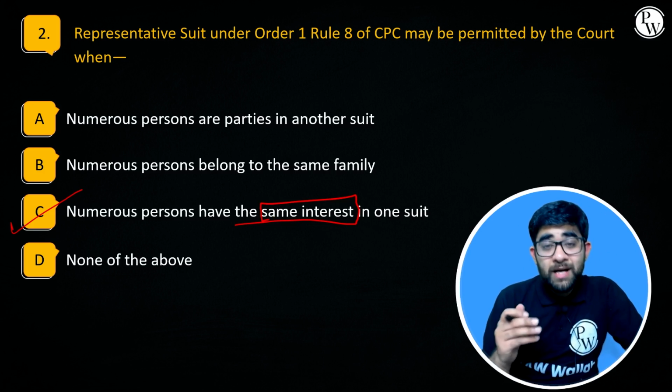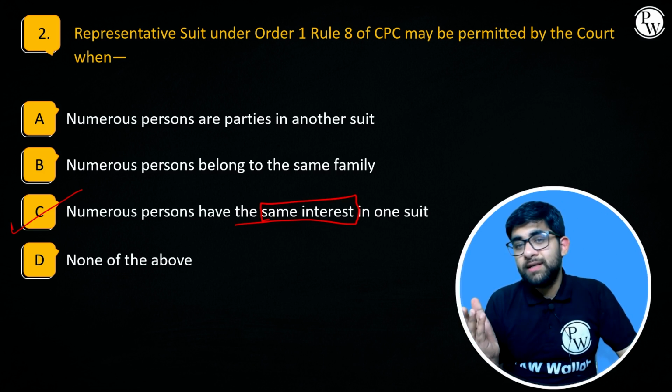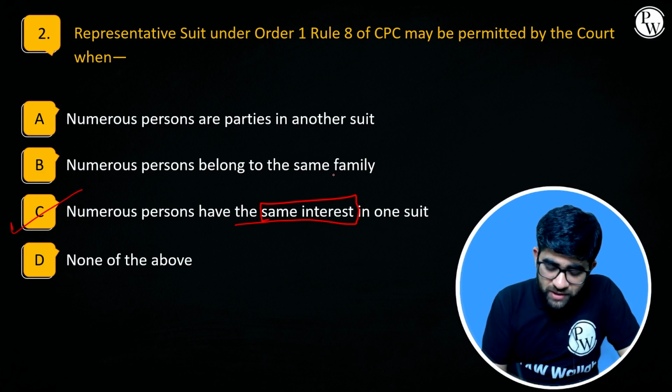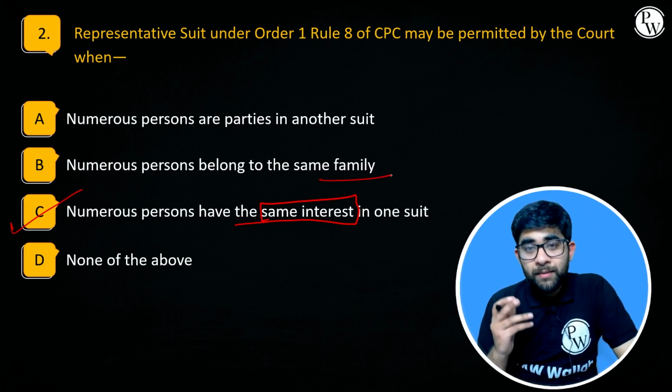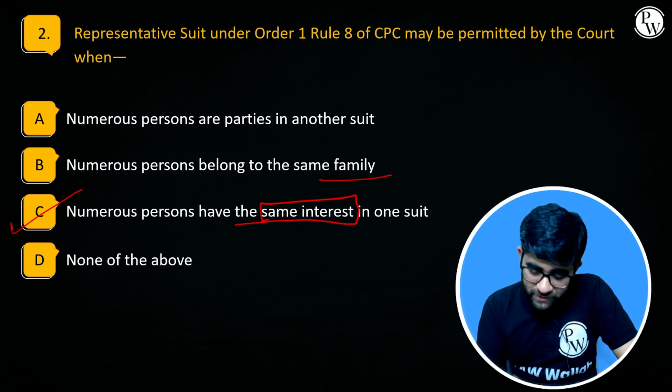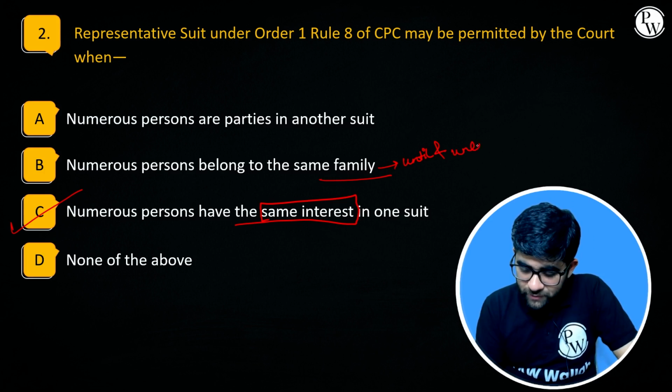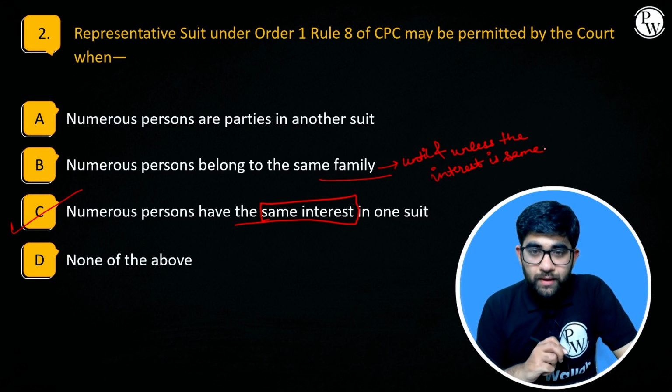When numerous persons are parties in another suit, it doesn't amount to a representative suit. Second, if numerous persons belong to the same family, then also it won't be a representative suit until and unless the interest is same, right?